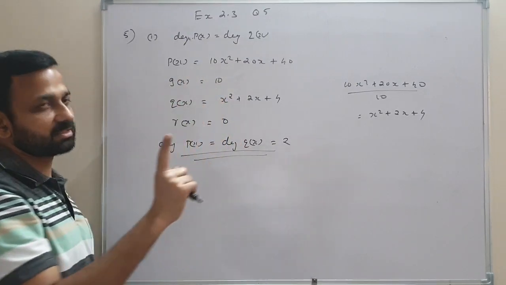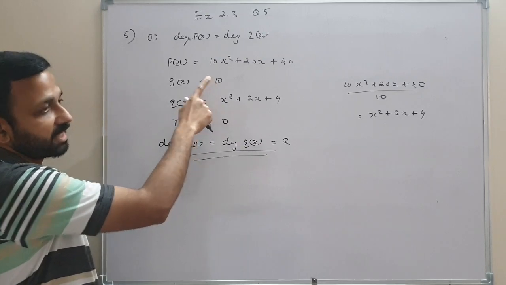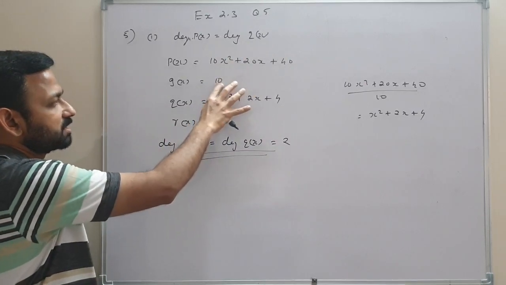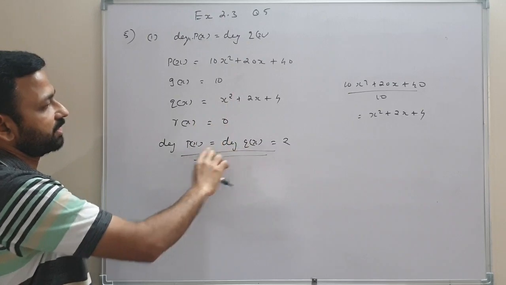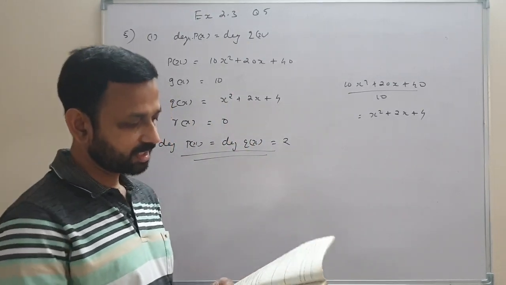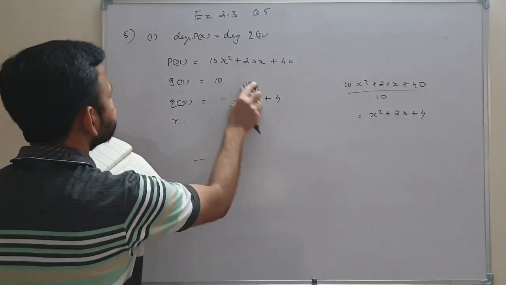If you take p(x) as a polynomial and g(x) as a constant, then when we divide a polynomial by a constant, the degree will not change. So the degree will be the same.